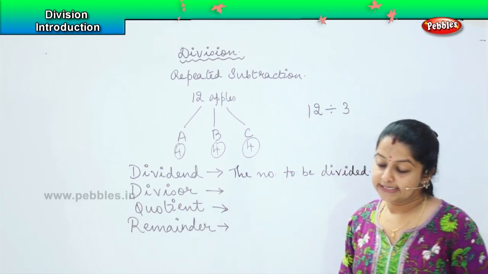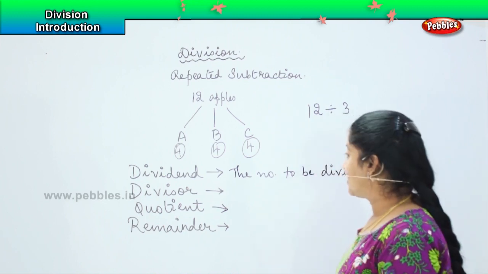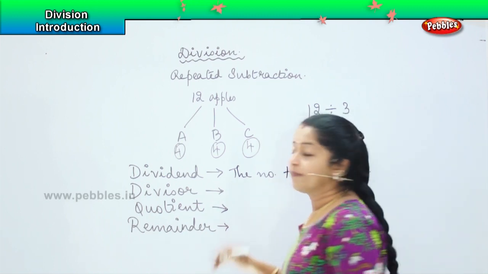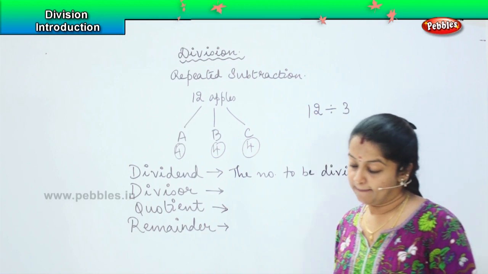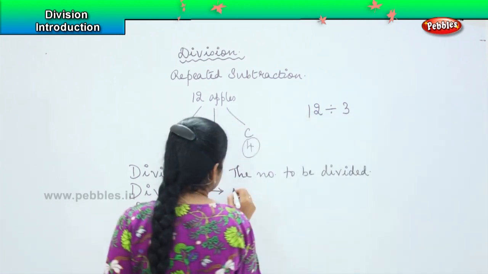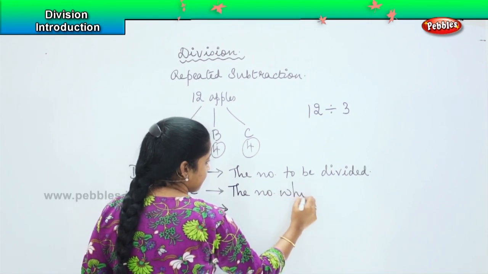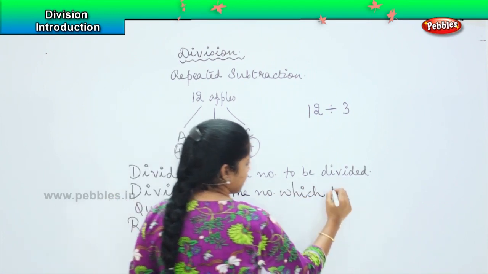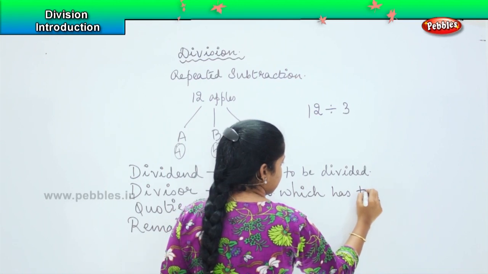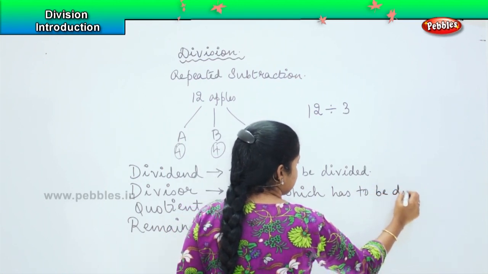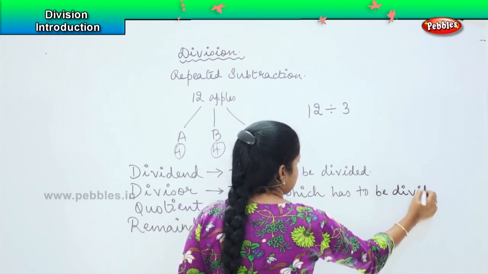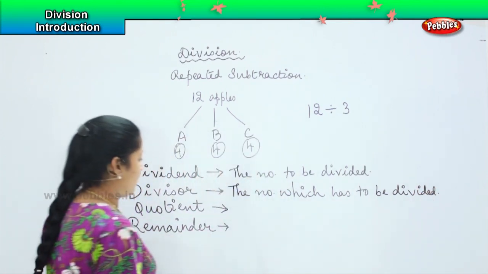Next is the divisor. Divisor is the number with which we divide.